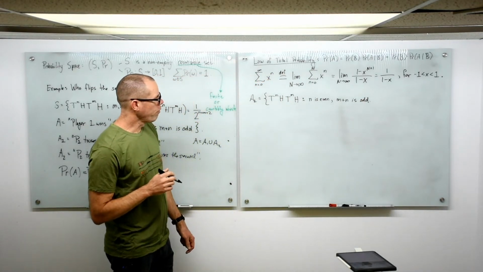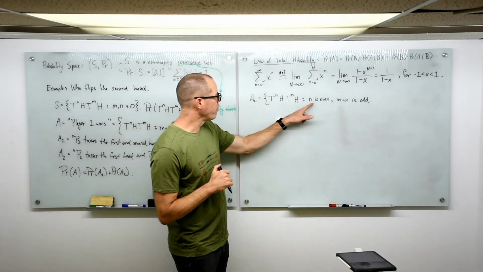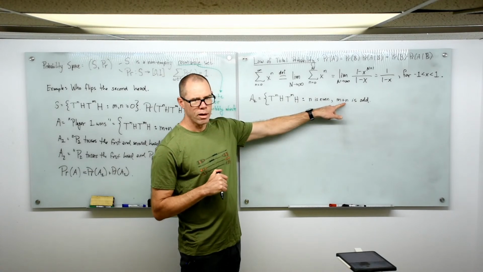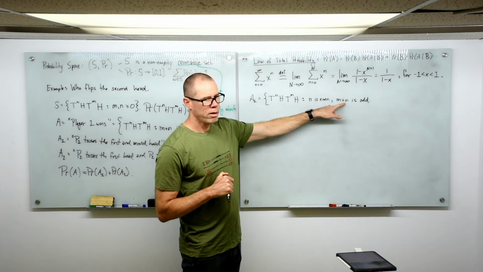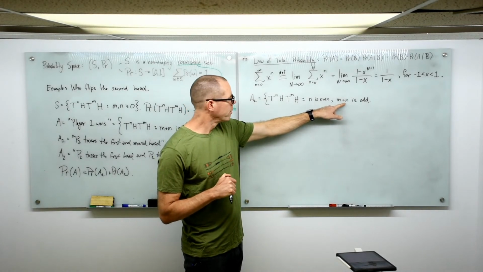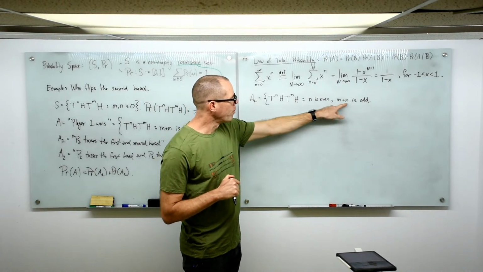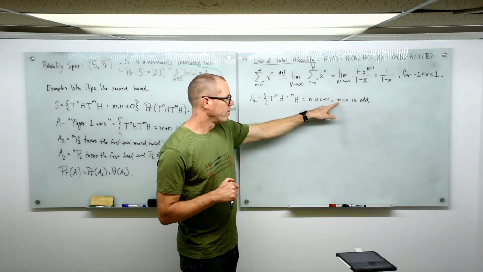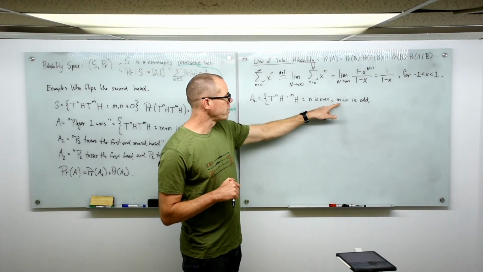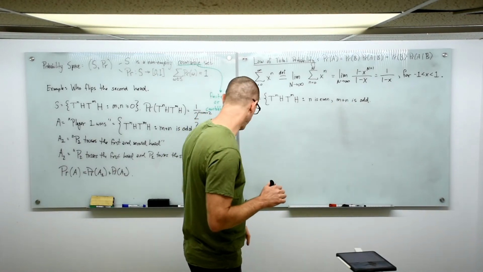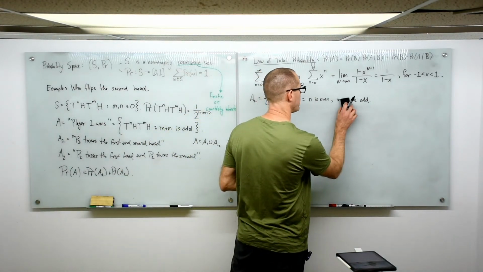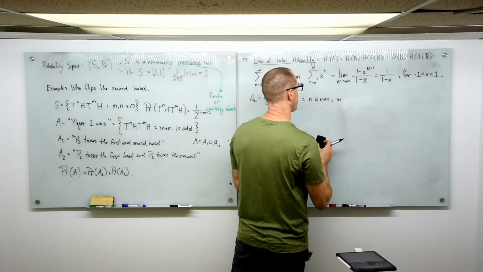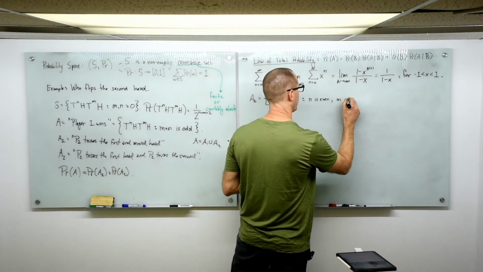And if n is even, but m plus n is odd, that means that m is odd, right? Only an even number plus an odd number can make an odd number. So saying this is exactly the same thing as saying n is even and m is odd.